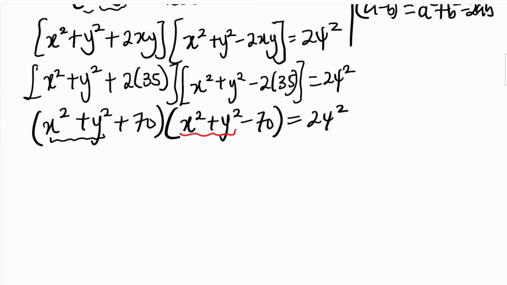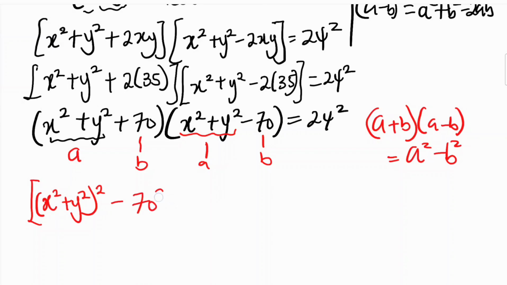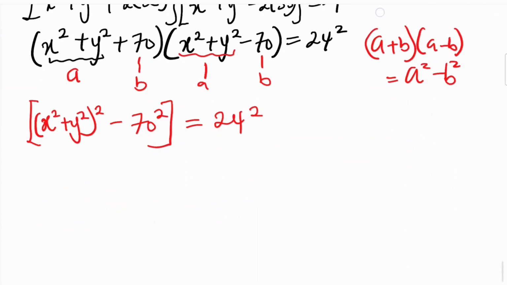If you take this term as a and this term as b, this is basically a plus b into a minus b, and we can read that as a squared minus b squared, which is a difference of two squares. So this is now x squared plus y squared in a bracket all squared minus 70 squared is equal to 24 squared.